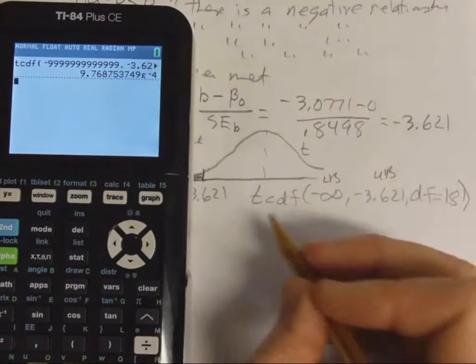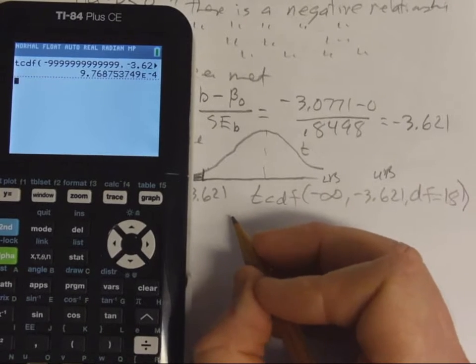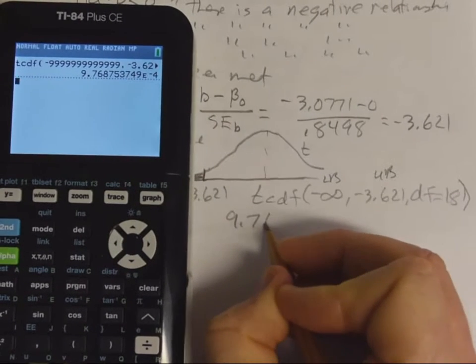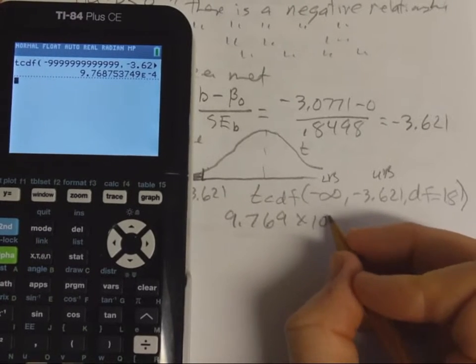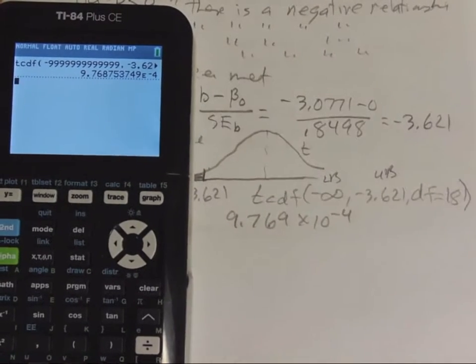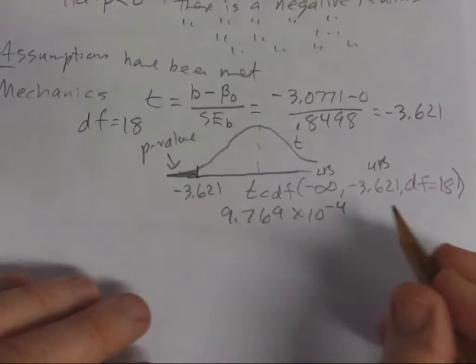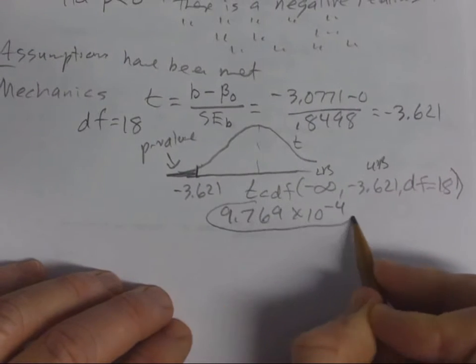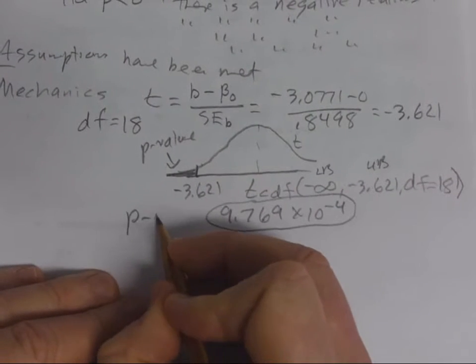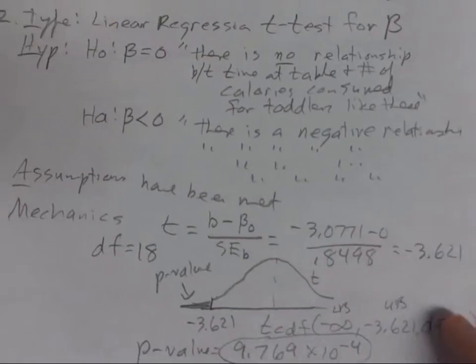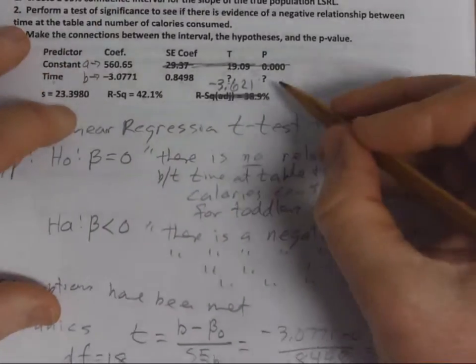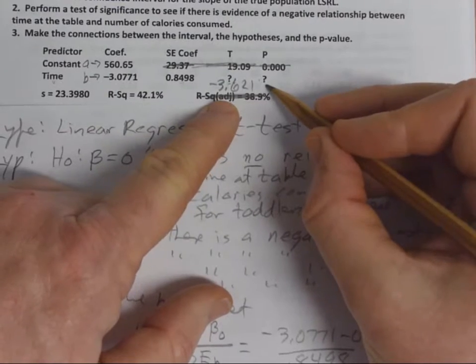And so look how small a number that is. That would be 9.769 times 10 to the negative fourth. Okay? So in other words, a really small number. That is our p-value. Now, by the way, the p-value in this table is always going to be the two-sided p-value.